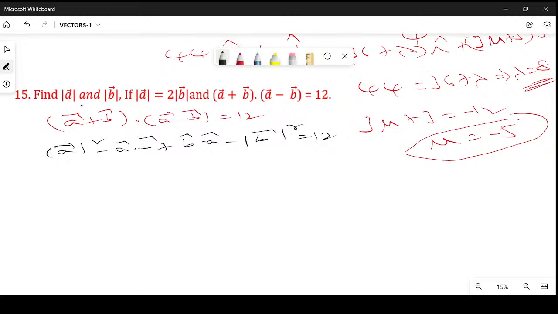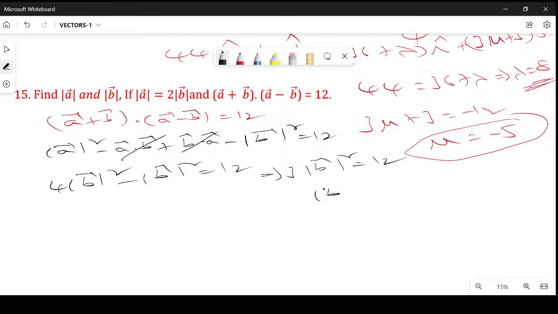Since dot is commutative, I can eliminate these two. So mod A bar square is (2 mod B bar) square, that is 4 into mod B bar square minus mod B bar square equal to 12. So 3 mod B bar square is equal to 12.